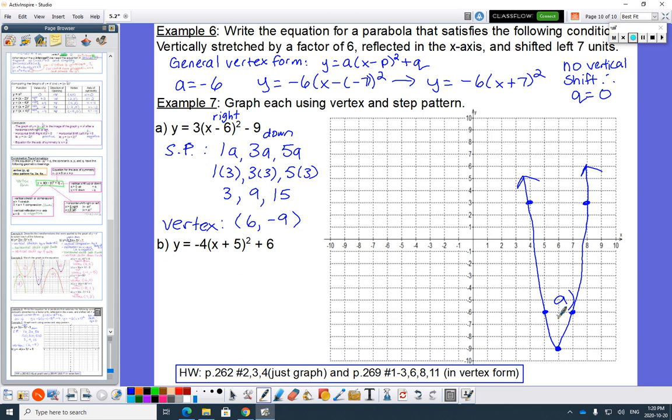So now we have a down parabola. So we're really not going to get very much here. And the vertex, so this time this is positive, so we're going left and up.